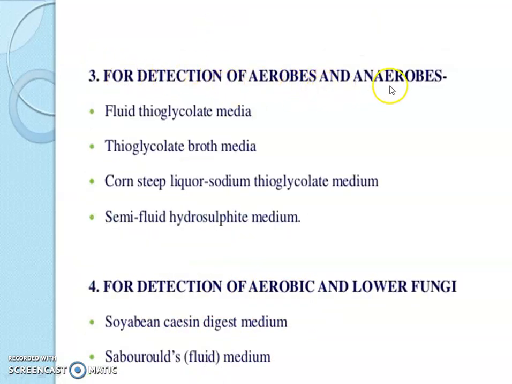For detection of aerobes and anaerobes: fluid thioglycolate medium, thioglycolate broth medium, corn steep liquor, sodium thioglycolate medium, semi-fluid hydrosulfide medium. For detection of aerobic and lower fungi: soybean casein digest medium and Sabouraud's fluid medium.